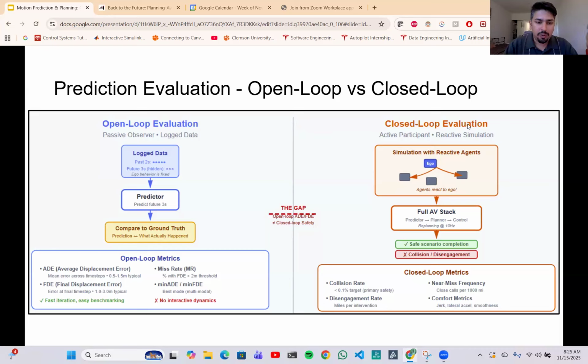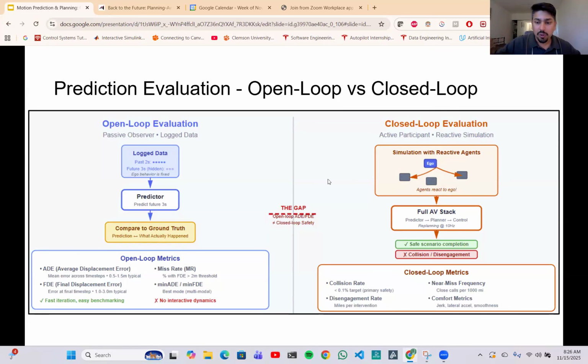Let's say the open loop prediction was perfect and matched all the training data, but in the real world when you're driving, it does not give you the behavior you're looking for, and in the worst case it leads to a collision. In that case, open loop evaluation, or just the metrics, are not very helpful.